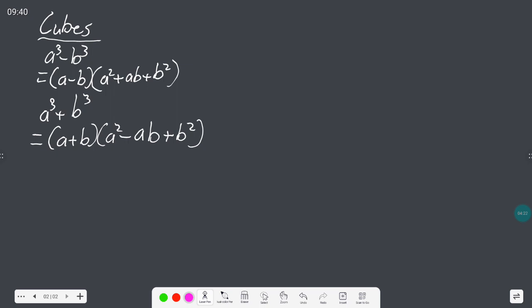So this is the standard formula we will be applying soon. And then if I have a plus b cubed, it will be a plus b and a squared minus ab plus b squared.